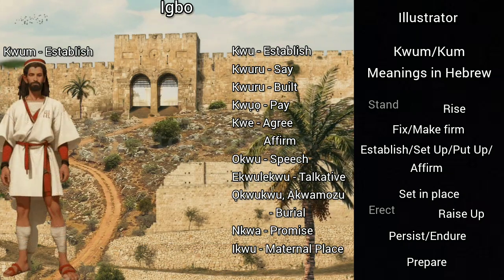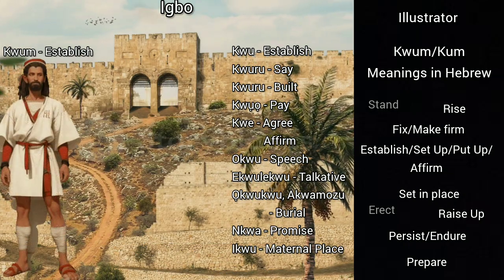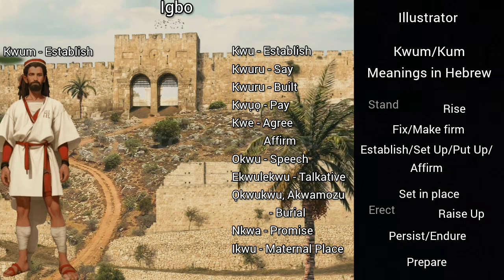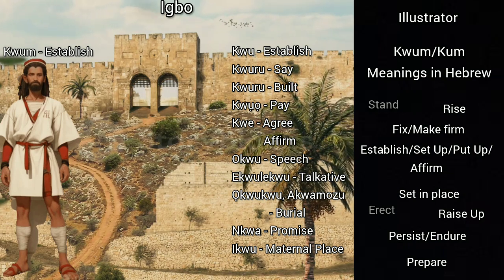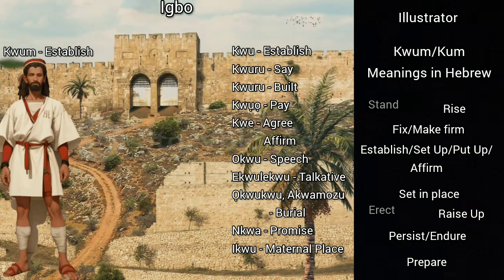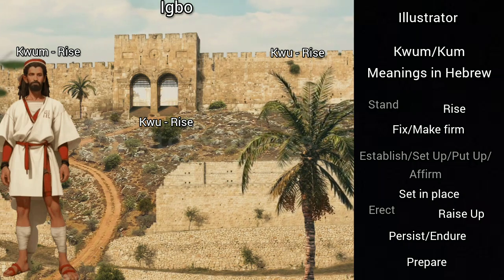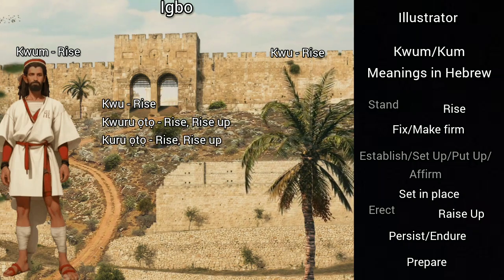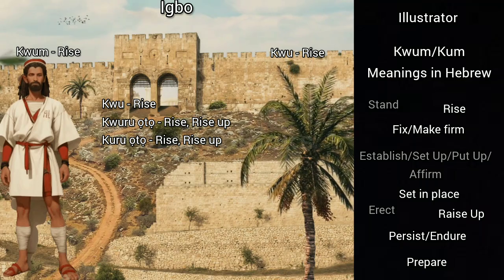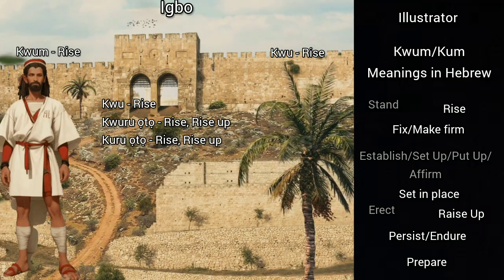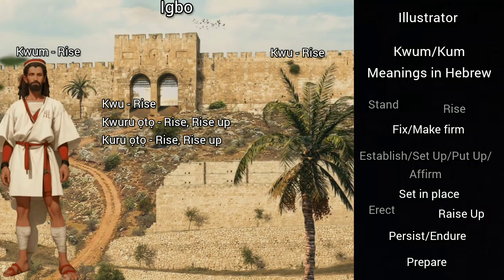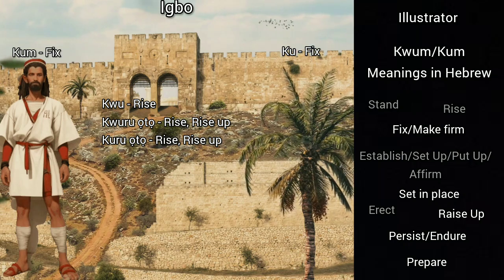Now what I'll do is run through the remaining meanings very quickly, so we'll see how they are used within the Igbo language. The first one we can see here is hu, to rise. If you are lying down, somebody can tell you kuroto. Whether you say kuroto or kuroto, whichever your dialect says, you're essentially speaking Hebrew at that time. Another application of the word in Hebrew is to fix or make firm.